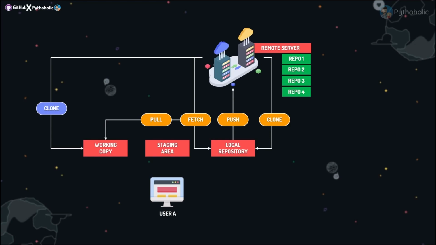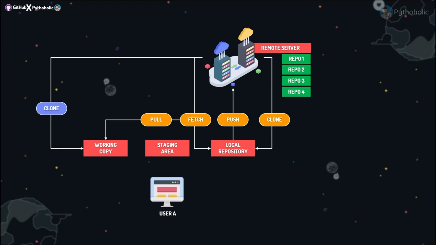These operations you perform in your local repository. Once you have staged your files, you need to commit those changes, and that will create a snapshot. And once you have committed, you can push those changes to the remote repository using the push command.